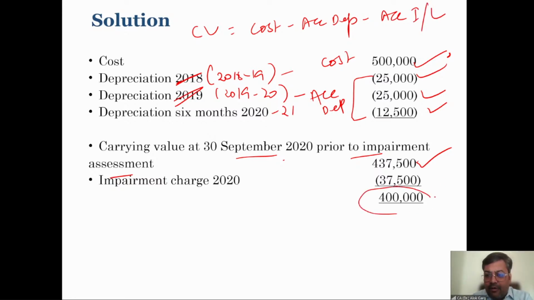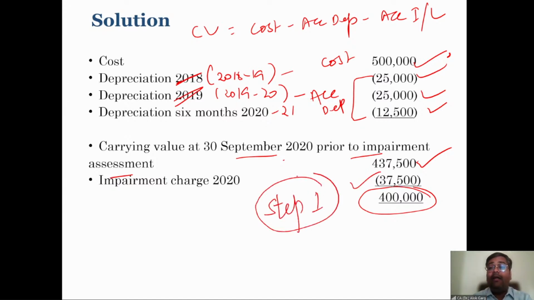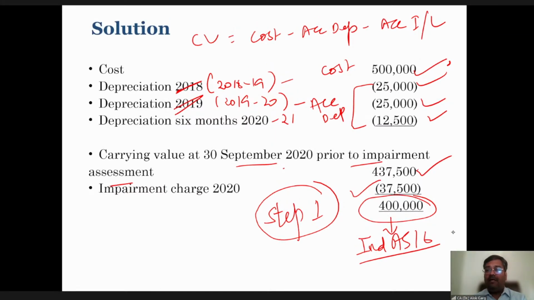If the recoverable value is 4 lakh rupees, what does it mean? It means there is an impairment loss of 37,500. So this 4 lakh is the carrying value as per step number 1. This 4 lakh is the carrying value, not as per Ind AS 105. This is carrying value as per Ind AS 16. Are you guys with me?